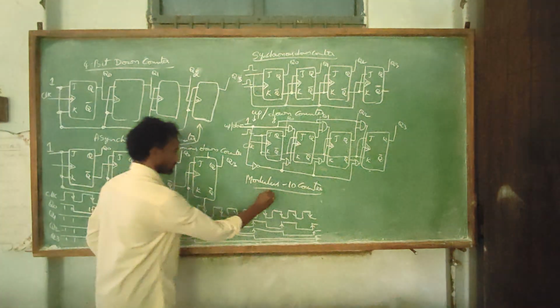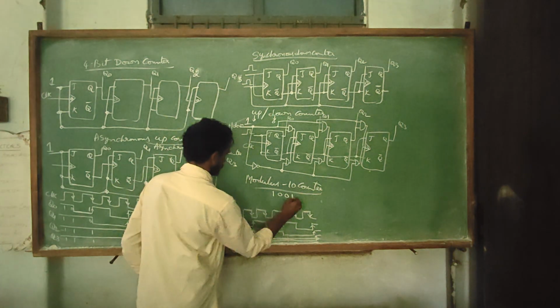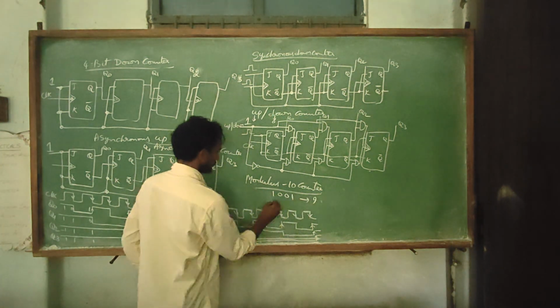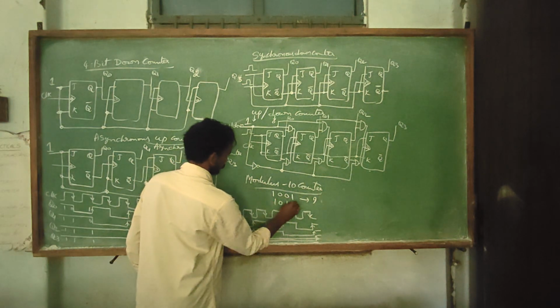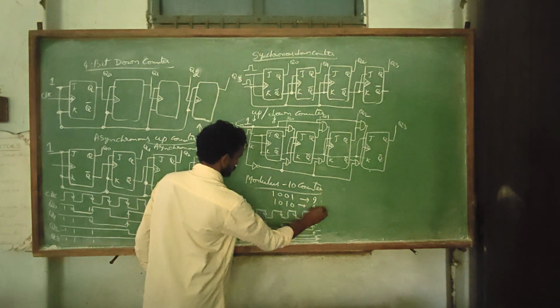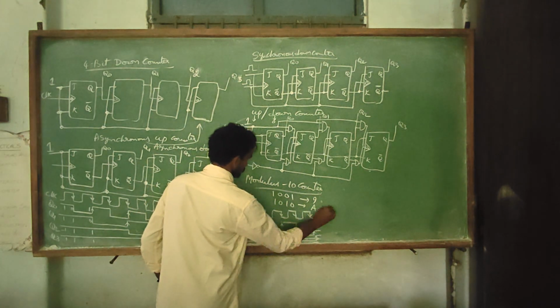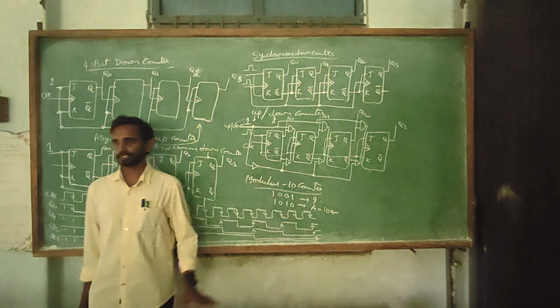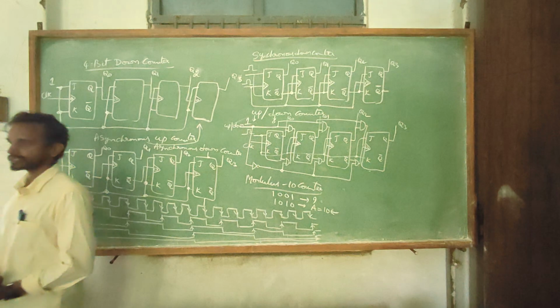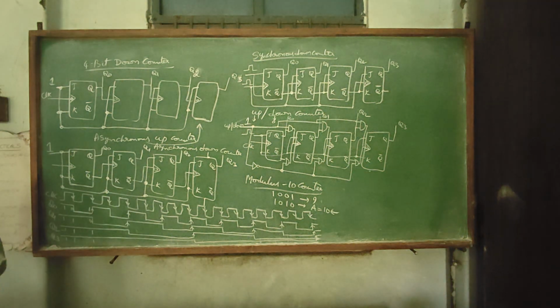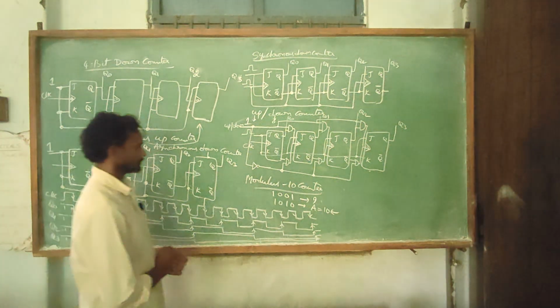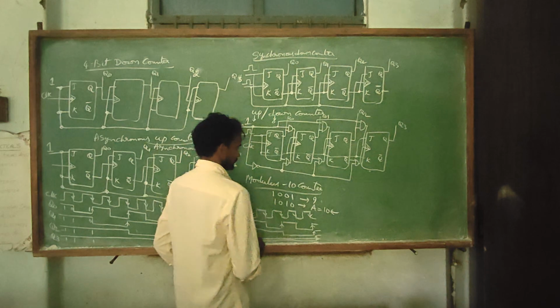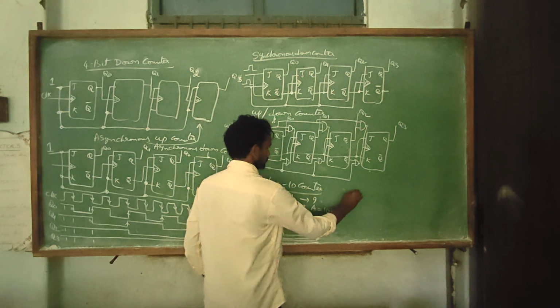That means what? 1001, so this is 9, and 1010. This is 10, and when that count comes, everything should be set to 0. Right? So that we will see.